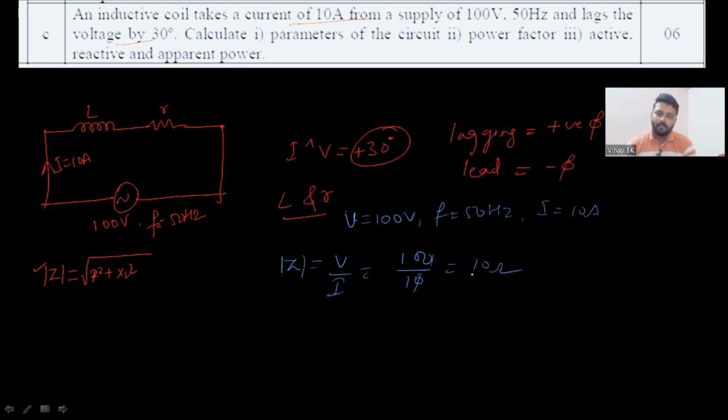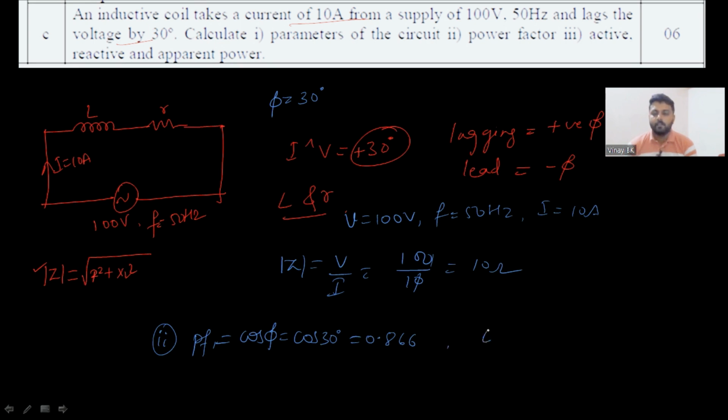If you have the magnitude of Z, they have given the angle phi, that is 30 degrees. So you can easily get cos phi, the power factor. Cos phi equals cos 30 degrees, which is 0.866. Why are you calculating this?